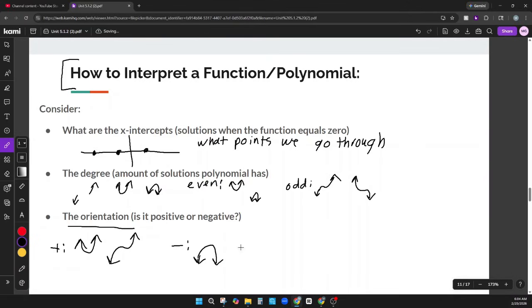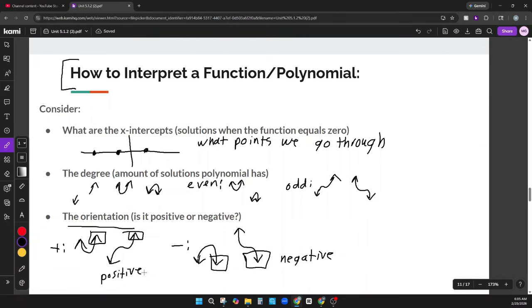We read graphs from left to right. So if the right-hand side of our graph is going down, we're dealing with a negative polynomial. If our end to the right is going up, we know that this is going to be a positive direction.